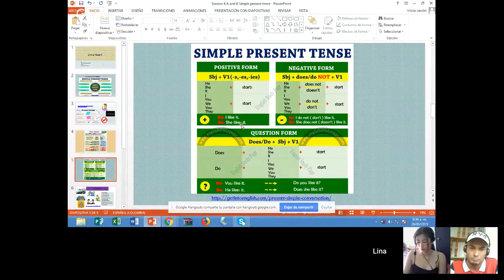So, for example, here we have some examples. I like it. She likes it. We add the S in positive form. In negative, I do not like it. She doesn't like it. In question, the same thing. Does for third person, he, she, or it, plus the verb.